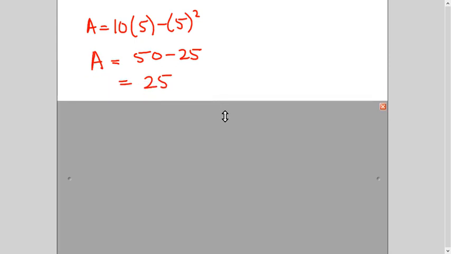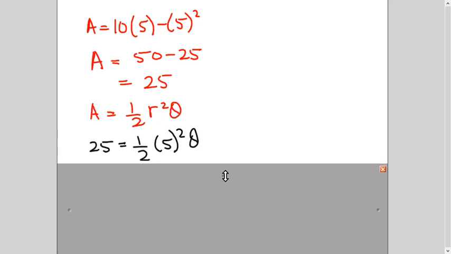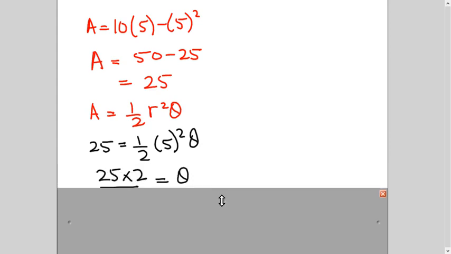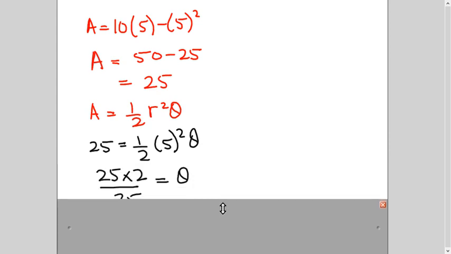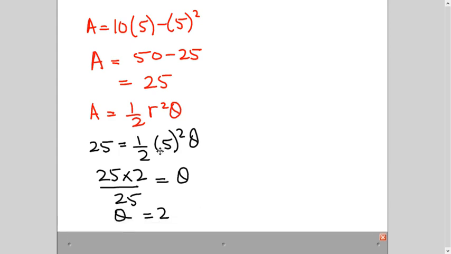Value of theta. So I can plug it back in this equation. I know r is 5. I know A is 25. And I can calculate theta from here. Simple algebra calculation, manipulation of the numbers. So theta equals to 2 radian.